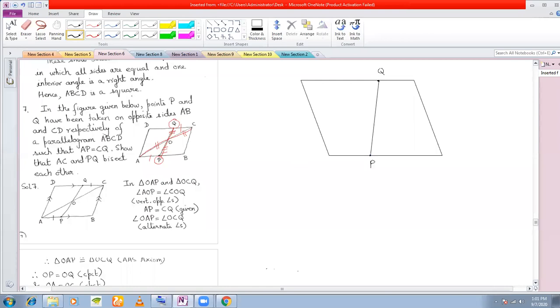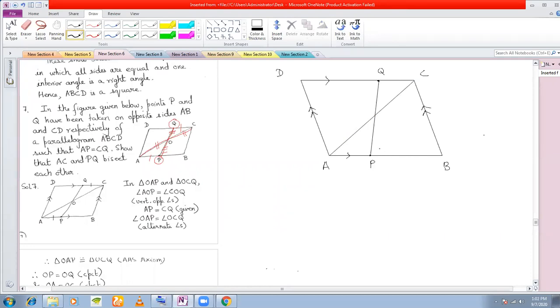Also, you join A and C. Let me name them first. ABCD is your parallelogram, so these two are parallel. And now we'll join A and C.